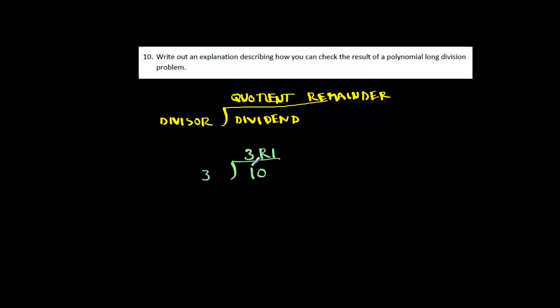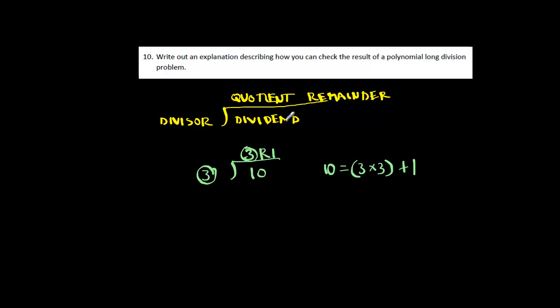How could I check this? Well, 10 equals this thing here times this thing here, and I'll use more sophisticated language in a second, and all of that plus that thing here.